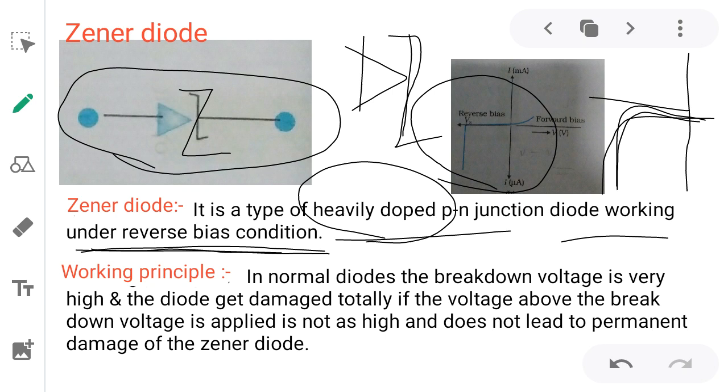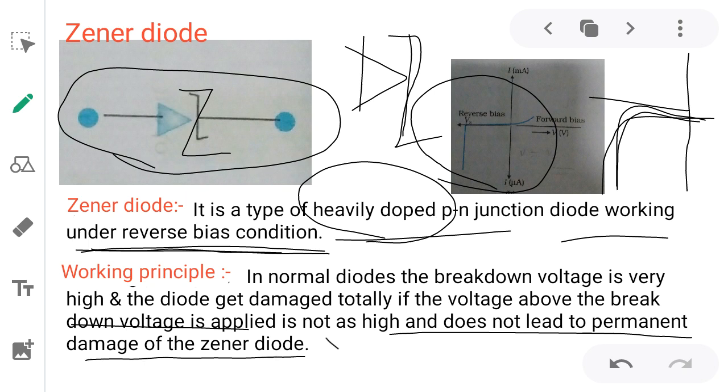Next, another important thing of the Zener diode, its working principle, what it says. In normal diodes, the breakdown voltage is very high and the diode gets damaged totally. That means in a normal diode, the breakdown voltage is high and there is a possibility of easily getting damaged. If the voltage is above the breakdown voltage, applied as high as possible, this Zener diode does not get permanently damaged.